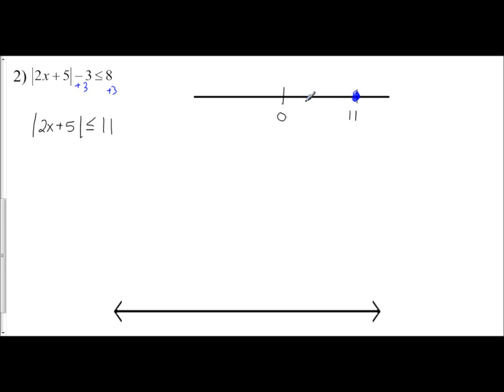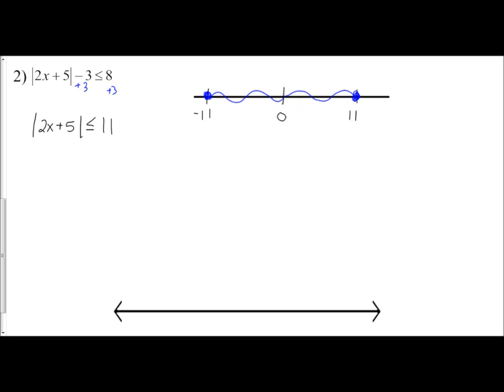Now it's located within 11 units, so that's inside toward 0, in this amount. But we also know 11 units can go to the negative as well, to negative 11. So again, with a closed circle, it can be within 11 units, so within this space right here.